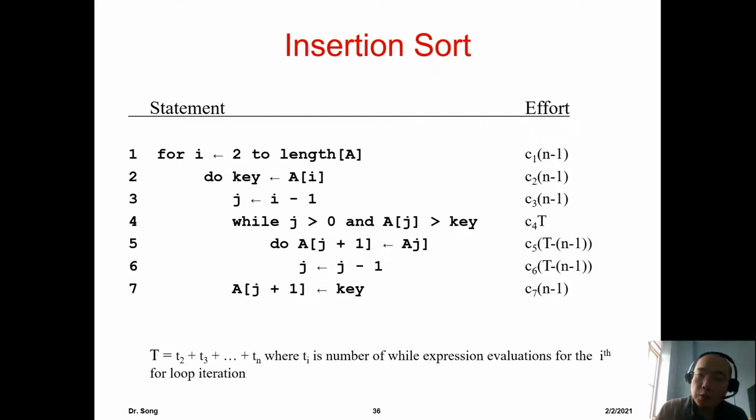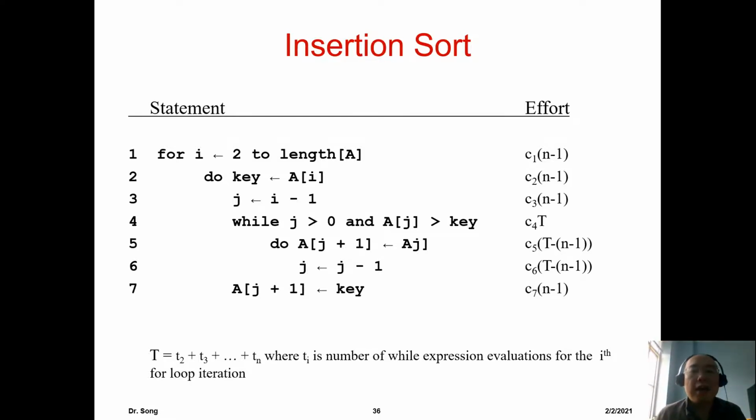The last round will be false, and the k minus 1 rounds are all true. And for those k minus 1 rounds, lines 5 and 6 will be executed. Okay, so the difference in the number of executions between line 4 and line 5 is always 1 for each of the values to be inserted.